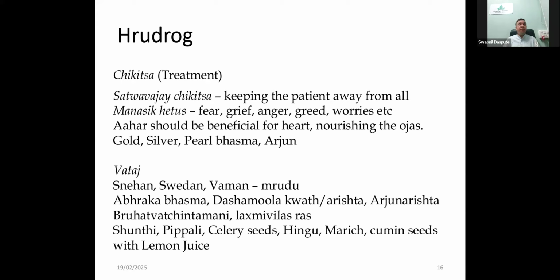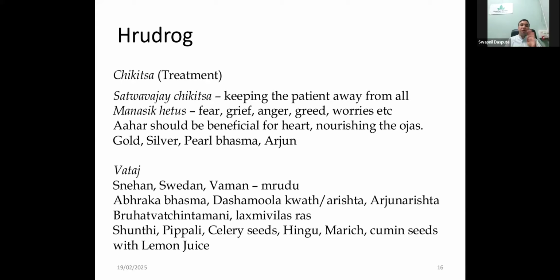So typical or specific chikitsa for Vataja type of Rudrog, Snehana, Swedana, Vamana. Now Vamana is Mrudu. In fact, to explain this, contraindications in Vamana, Virechana, in fact, most of the Panchakarma, Rudrog is a contraindication.